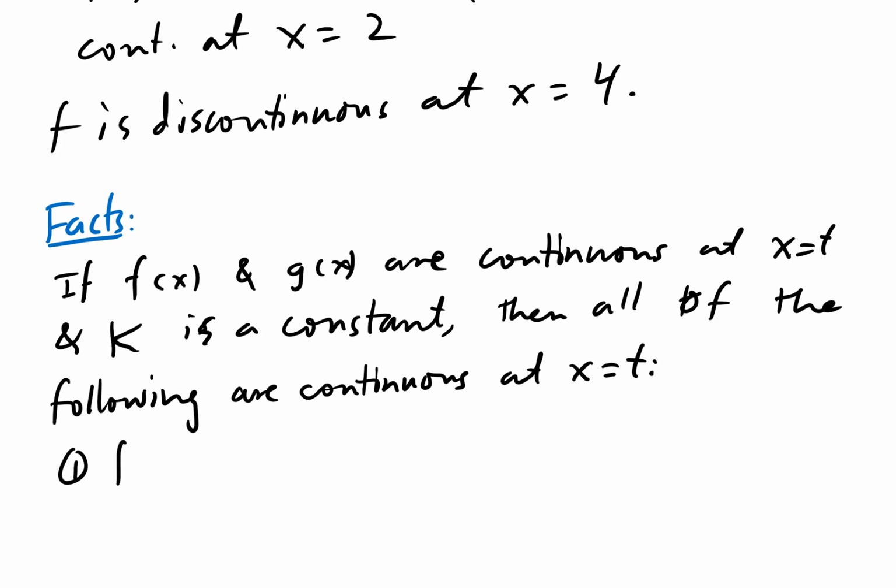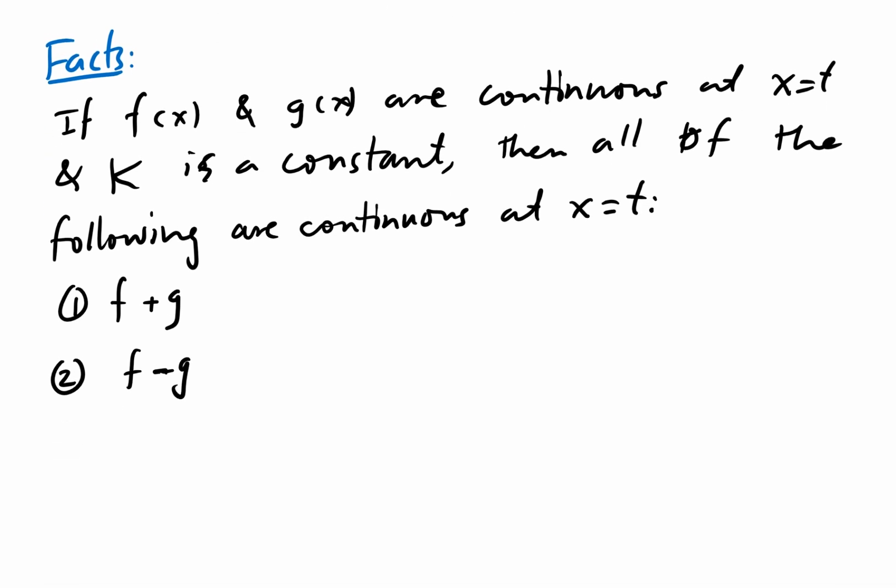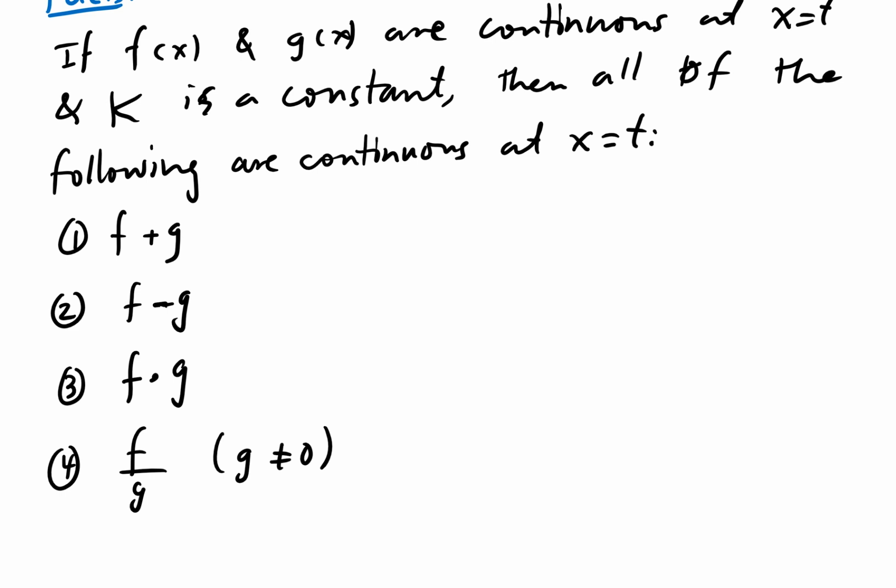First one, f plus g. Number two, f minus g. This is saying the sum of two continuous functions is continuous. The difference of two functions is continuous. The product of two continuous functions is continuous. The quotient of two continuous functions is continuous, provided the denominator is not 0. And a constant times a continuous function is continuous.